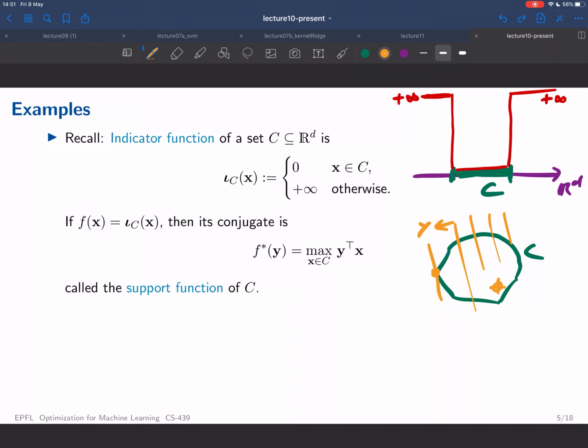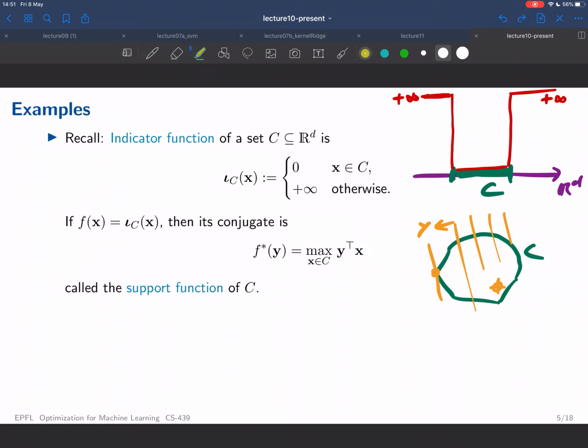That's what Frank-Wolfe did in one of the steps. So that's finding that point. That's the problem which is called the support function. And the support function's value is just the value of this maximum. It's not the argmax which you've used in Frank-Wolfe, but the value. So how big is this inner product?